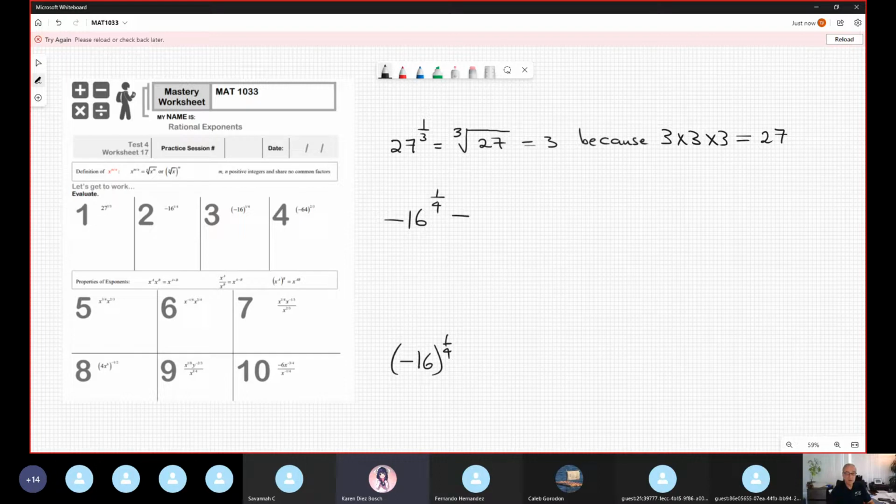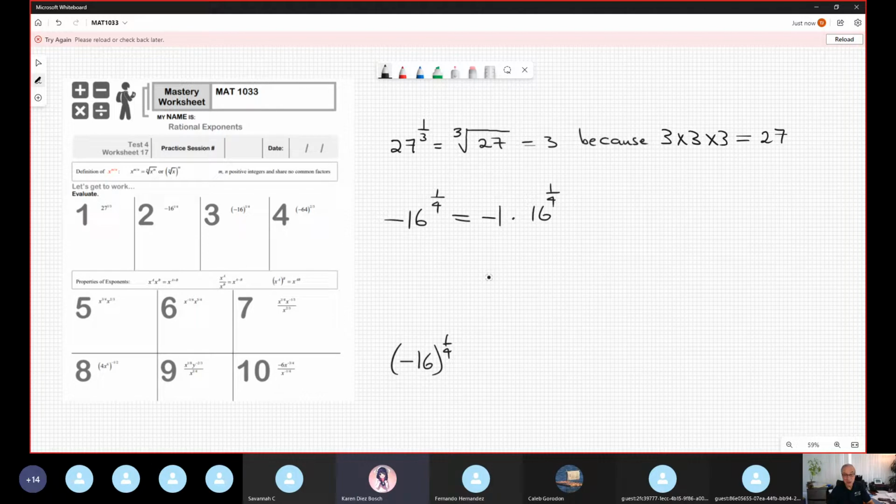This negative without parentheses is like a negative 1. So in your imagination, you see this situation as negative 1 times 16 raised to the 1 over 4.